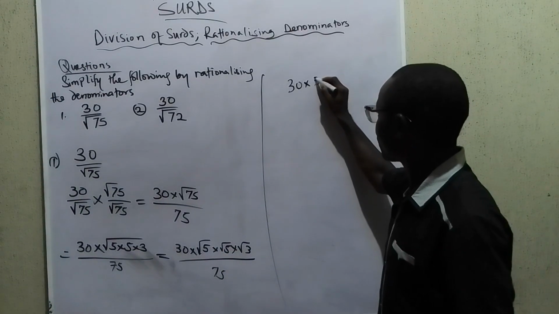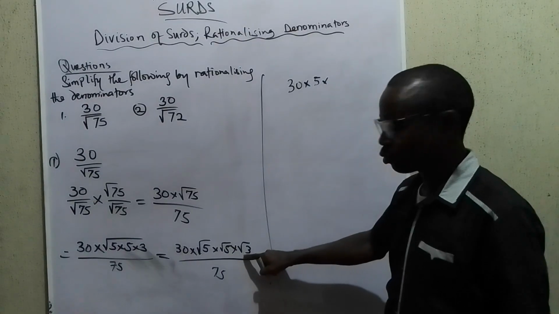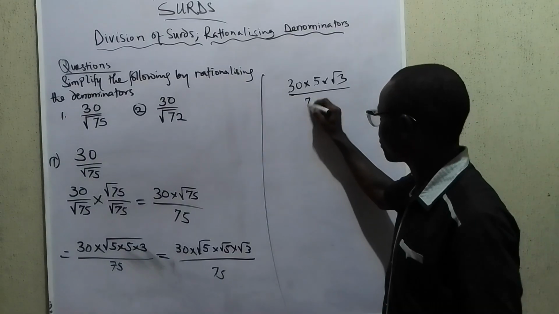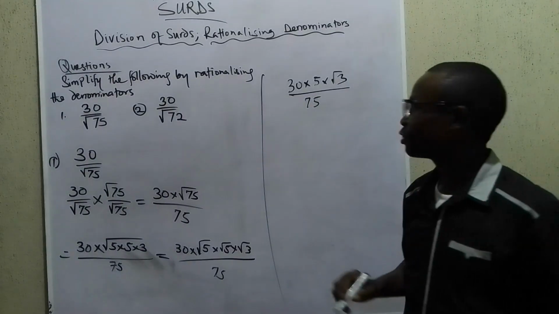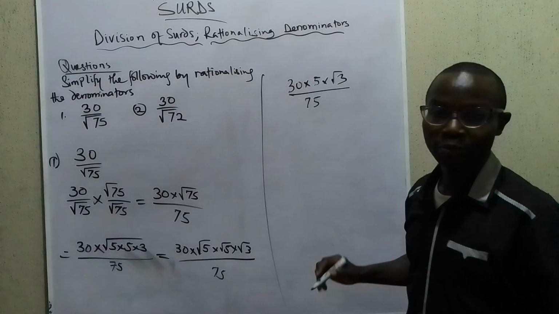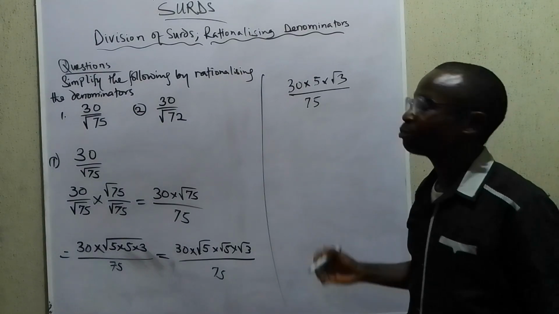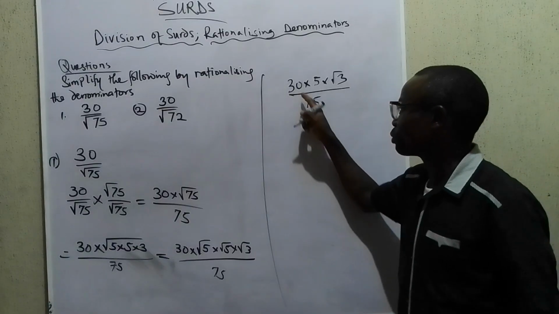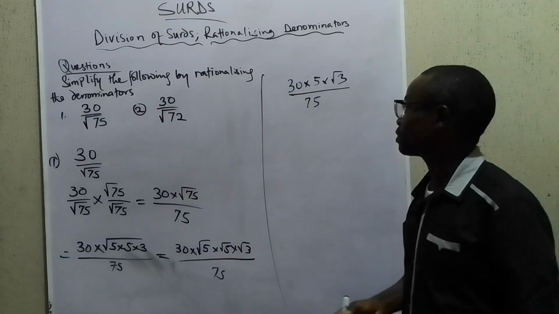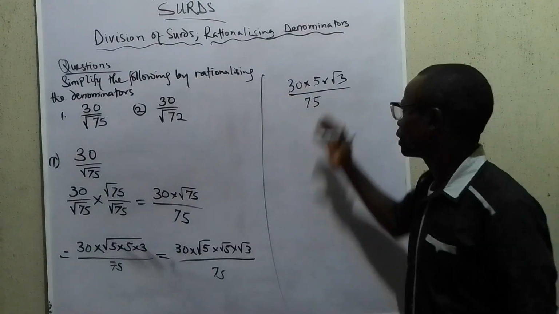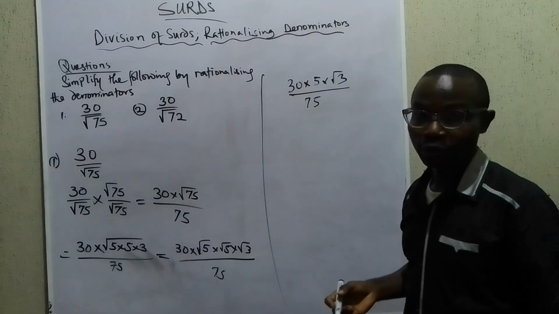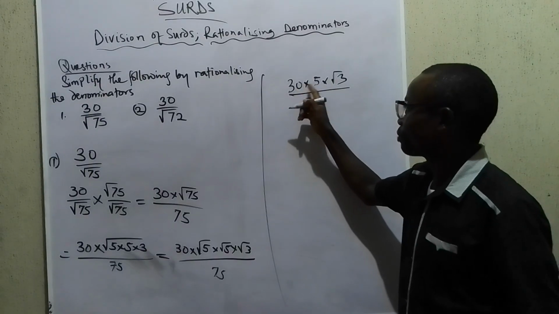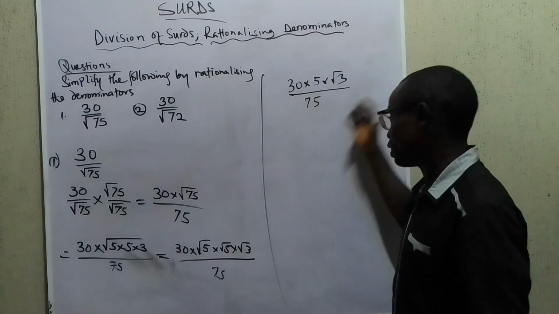So I have 30 times 5 times root 3, which still remains since it's not a perfect square, all over 75. Can we leave it this way? No. Now, mind you, don't quickly go and multiply, because if you multiply, it becomes big. It can still be okay, 150, but we can break it down.